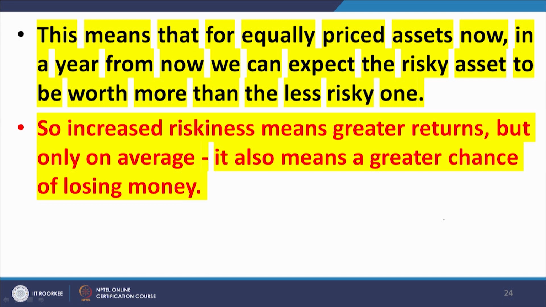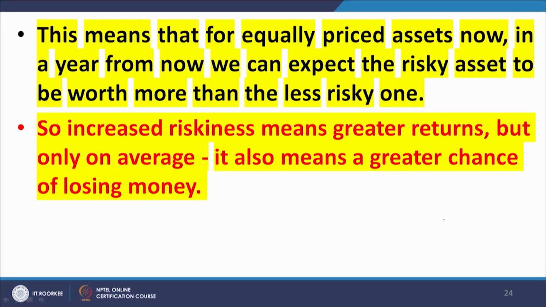And again I repeat, this implies that the expected return on the risky asset needs to be higher than the lower risk asset in an equilibrium market. In other words, increased riskiness means greater returns, but only on the average. This is fundamental. I have to underline this to bring to you the significance of this particular portion.